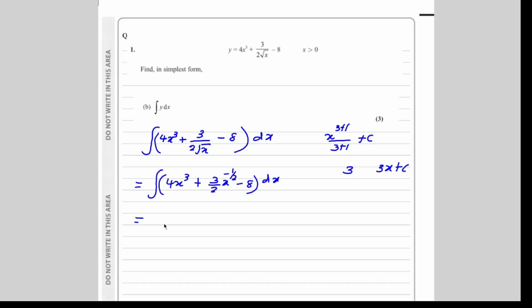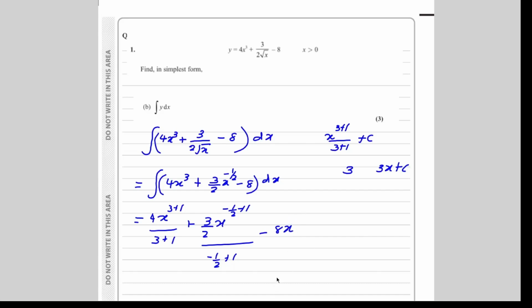Let's integrate. So 4x, add 1 to the power, divide by the added power, plus 3 over 2, add 1 to the power, divide by the added power, minus 8x. This is just 1.